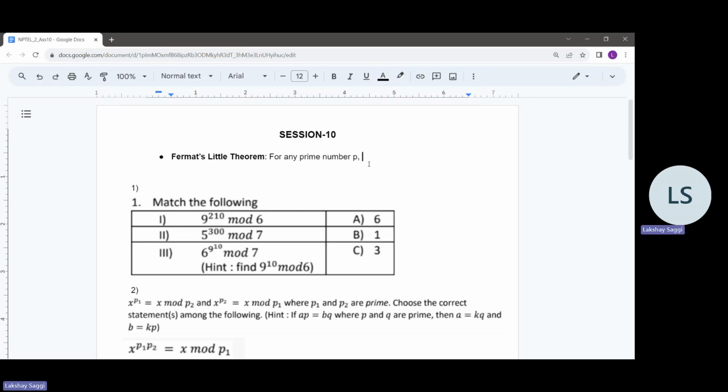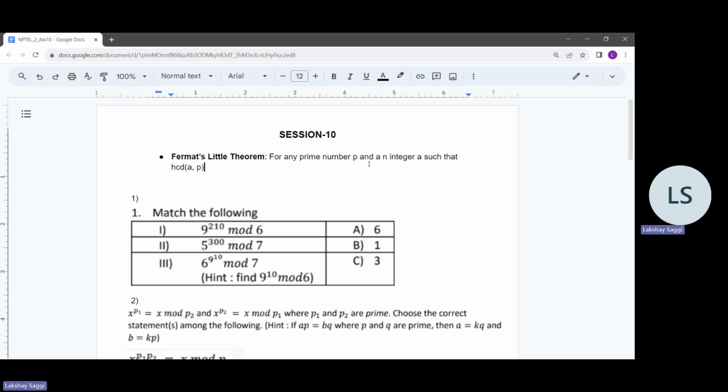Fermat's little theorem states that for any prime number p and an integer a such that GCD of a comma p is 1, which means a and p are co-prime, maybe I'll put this a as a variable in italics, so it's easier for you to follow that this is a variable.